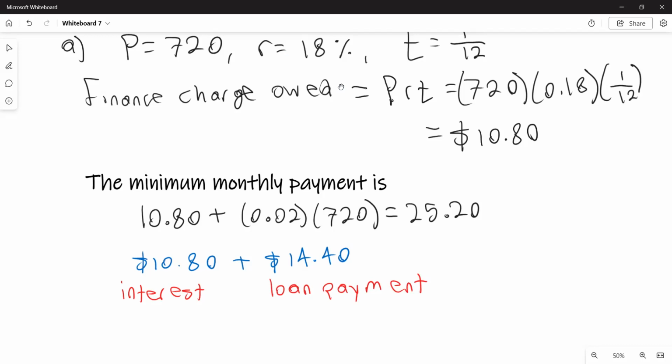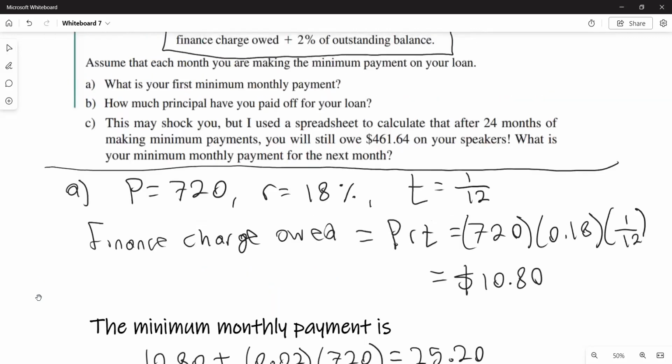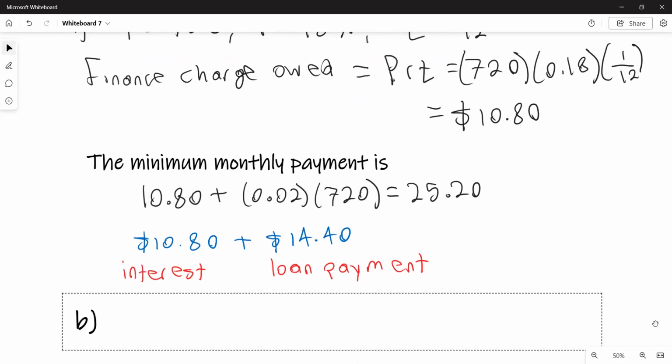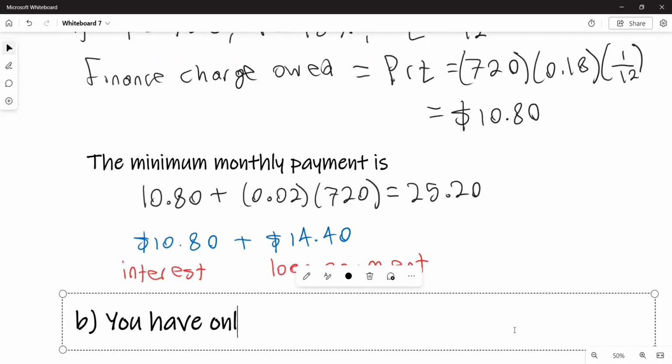So out of those $25.20, only $14.40 is going towards the loan. Okay, and that answers part B. So in part B, you have only paid off $14.40. The rest is interest.